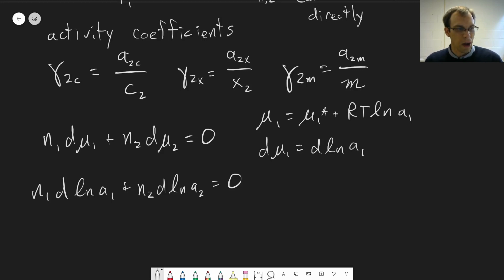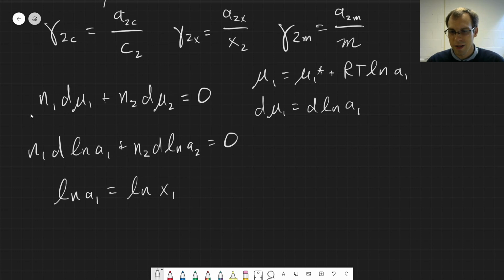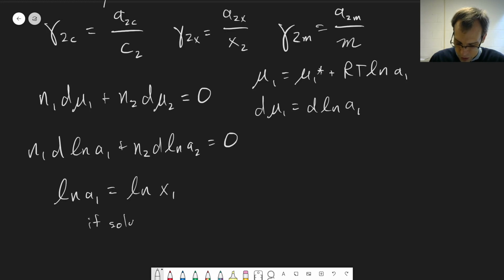Let's go through the math of how we can do this. If we know natural log of A1, we can say for the solvent, under ideal conditions, this is equal to x1. That's how we defined activities: under ideal conditions, the activity should turn into the mole fraction for the solvent. So this is if the solution is sufficiently dilute and it behaves according to Raoult's law.